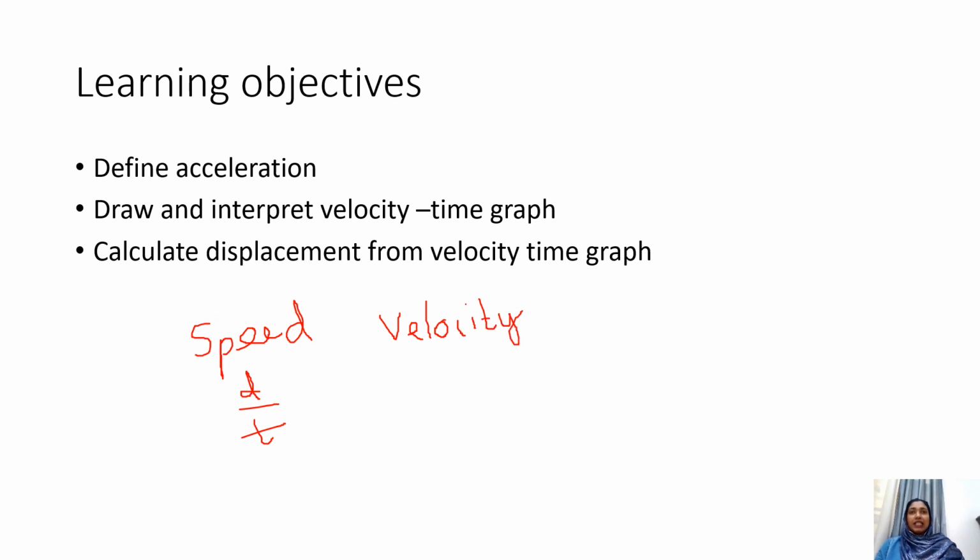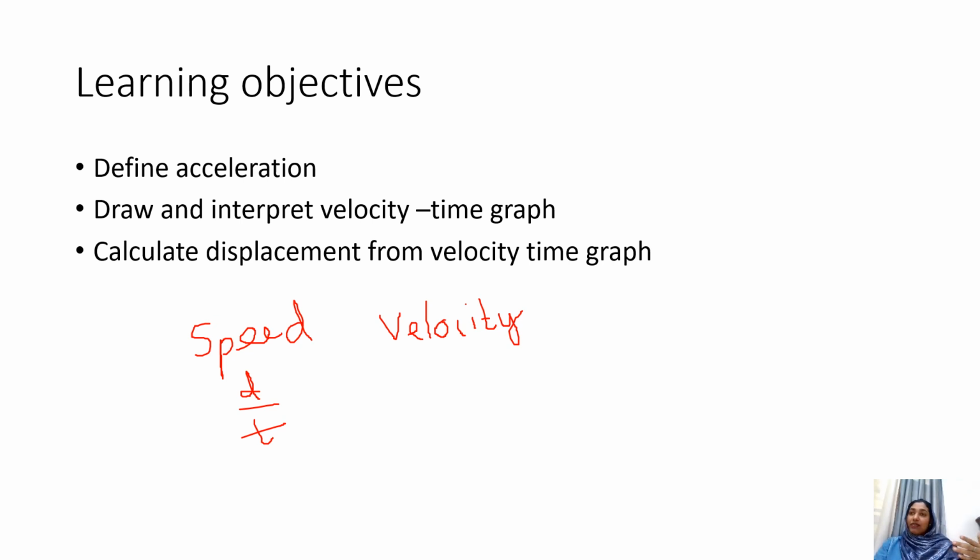So displacement is nothing but the shortest straight line distance from the initial to the final position in a particular direction. For displacement we are specifying the direction. For distance we are not specifying the direction.